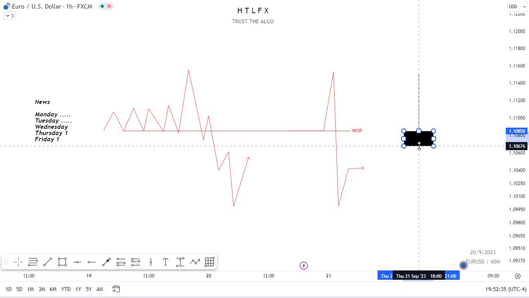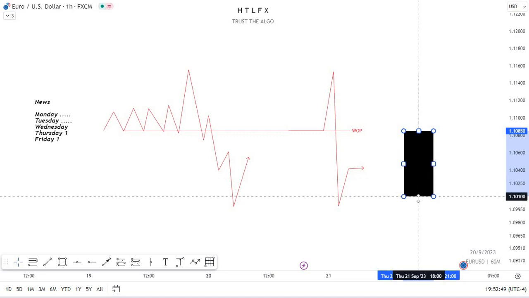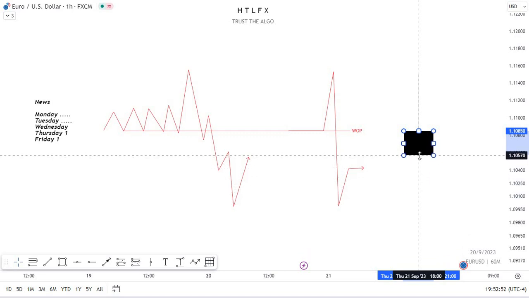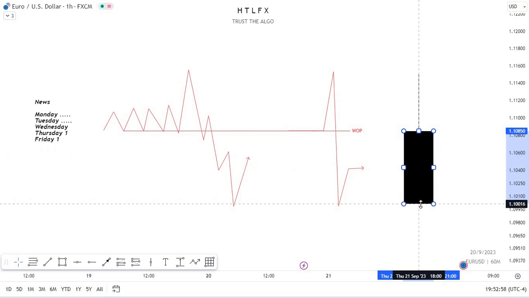Don't touch trading, get off the chart. You sell here at a higher price below the weekly open. If you're more advanced, it's okay, but if you're a beginner, stay away. Then, trading lower, lower, lower. Then the news, let's say Wednesday, Thursday, Friday, brings volume to the market to reach the PD array and create the low of the week.